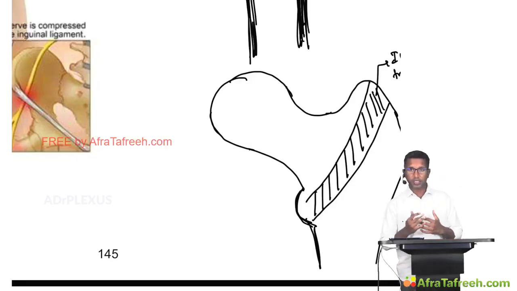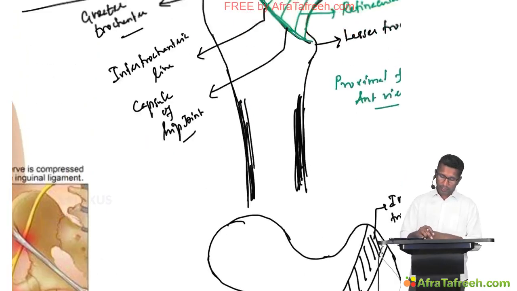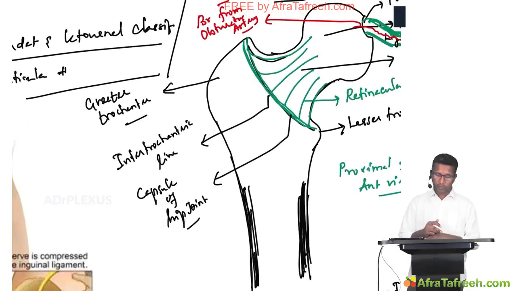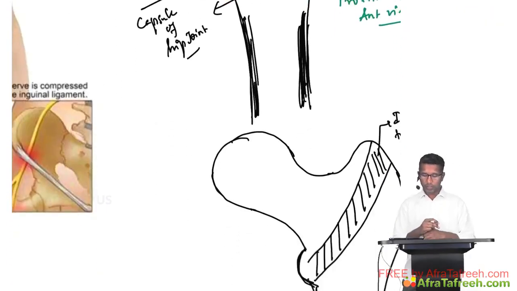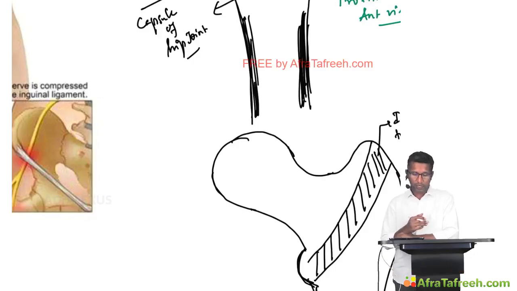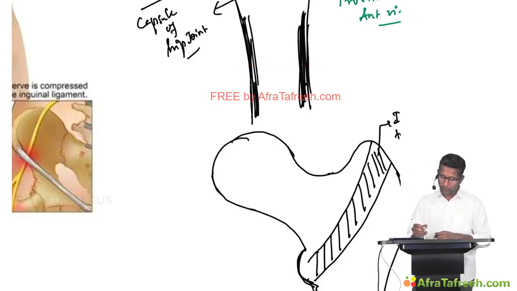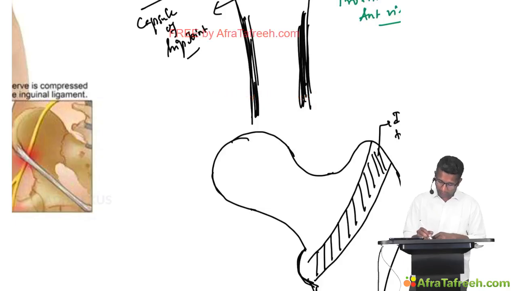My question is, is the capsule of the hip joint attached to the intertrochanteric crest? Anteriorly we saw the capsule is attached to the intertrochanteric line. Posteriorly, is the capsule attached to the intertrochanteric crest or not? The answer is no. Very good, Anashwara.